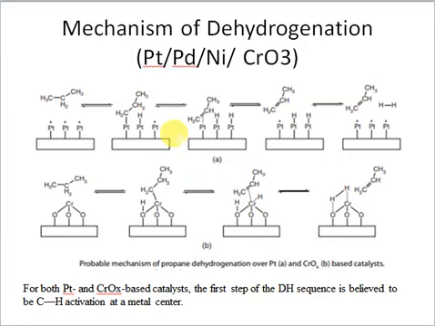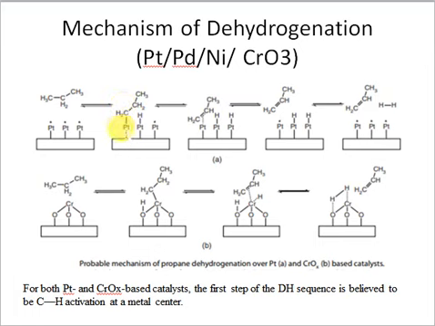Firstly, we will consider the mechanism of dehydrogenation reactions when we use platinum, palladium, nickel, or chromium oxides. In almost all cases, the mechanism is almost the same. Here we have a metal surface, and we have shown just platinum, however, you may use palladium or nickel. The first step is that the alkane gets attached to the surface of the metal, which is our heterogeneous catalyst. Whatever the process, it's well understood that the first step in this dehydrogenation reaction is the CH activation.